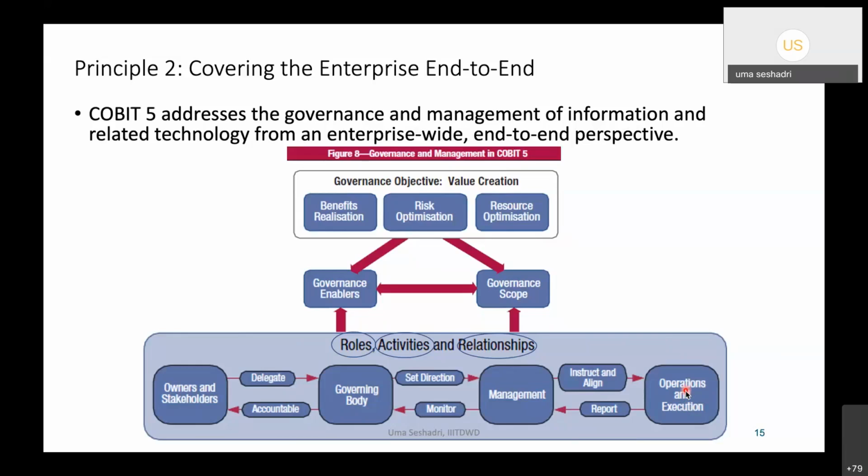These are all done through the various roles and activities defined in the organization. So you can always convert the stakeholder needs into doable activities. That is how you can cover the enterprise end to end, and COBIT will help you create control objectives and controls to manage these enterprise end to end operations.